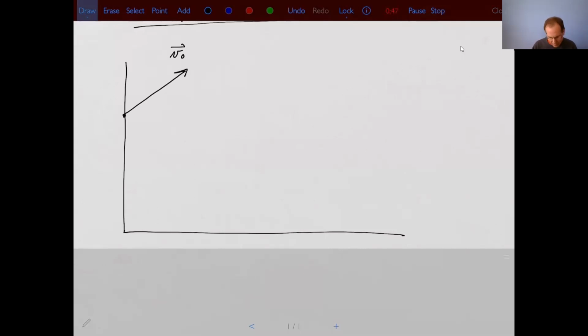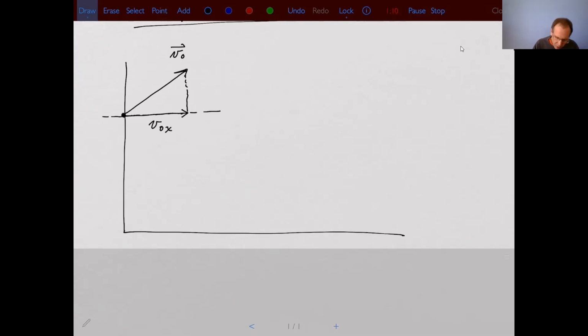And typically what you should do is you should find the components of that initial velocity. So if I make a little XY coordinate system here, then if I project down right onto the x-axis, this is going to be the x component of my initial velocity, so I'll call it v naught x.